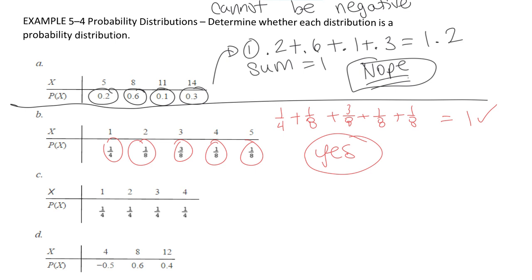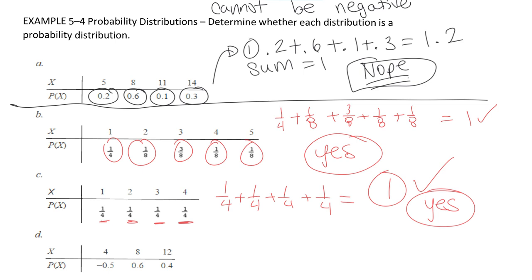All right, how about letter C? Thumbs up or thumbs down? Is that a probability distribution? I think that one's a little easier to look at and just tell, right? Because you have 1/4 plus 1/4 plus 1/4 plus 1/4, which equals 4/4, which is 1. So yes, that one is.